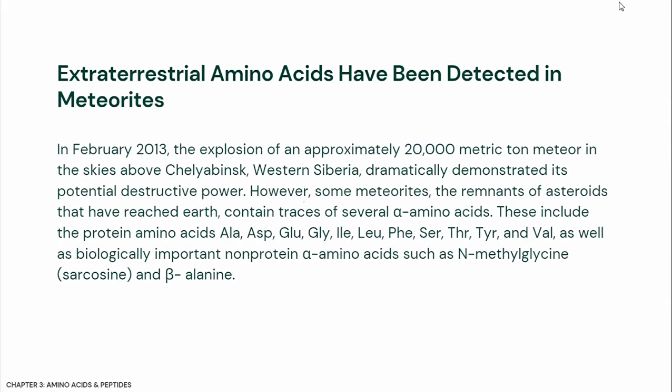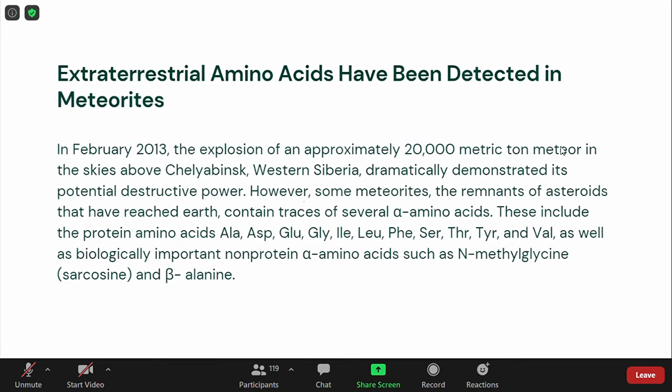And you know that amino acids are very, very important in life formation. This particular meteorite, 20,000 metric tons, very, very big. It's a good thing it landed in Siberia where there are no people, just plenty of ice.